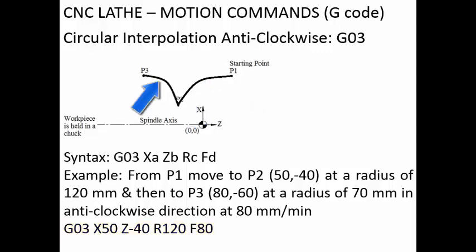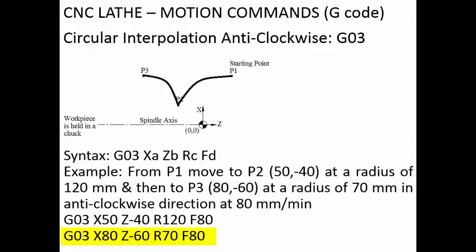In the counterclockwise direction means this is how the tool will be moving. So again we write G03 X80 Z minus 60. 80 is the X coordinate of point P3, minus 60 is the Z coordinate of point P3. Then R70, 70 is the radius of the curve between P2 and P3. Then F80, 80 is the feed rate.